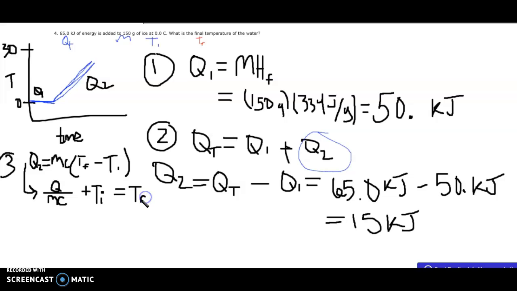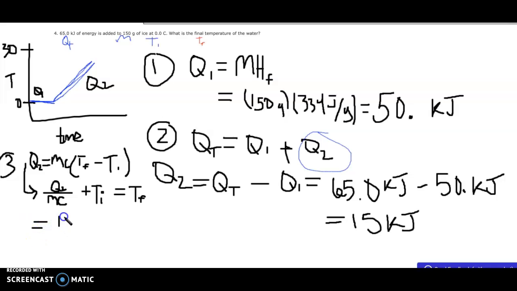Again, I didn't just make that up. I moved the variables, so you have to divide by MC right here. So you get Q over MC. Oh, this should be Q2. Q2 over MC plus T initial, because I got to move that over here. And then I'm left with T final on this side. So I plug in my stuff.